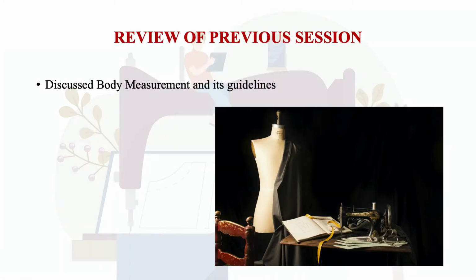First, let us look at the end of our previous sessions, what we have completed. In the previous session we discussed unit 3 of this course, which is on body measurement. We discussed body measurement and its guidelines.